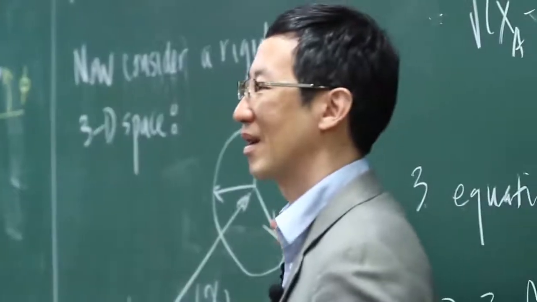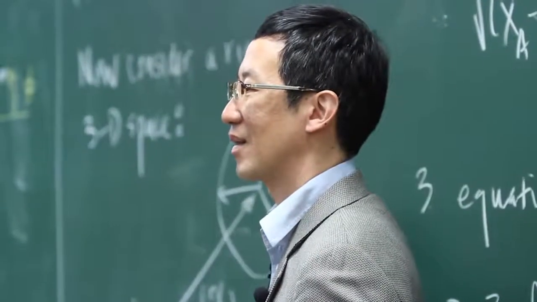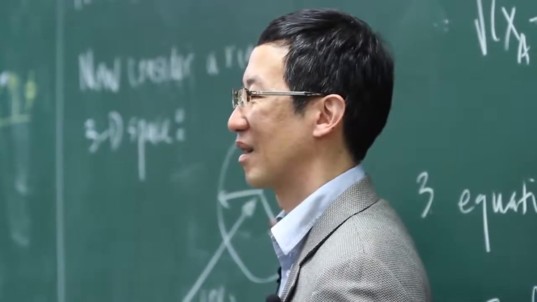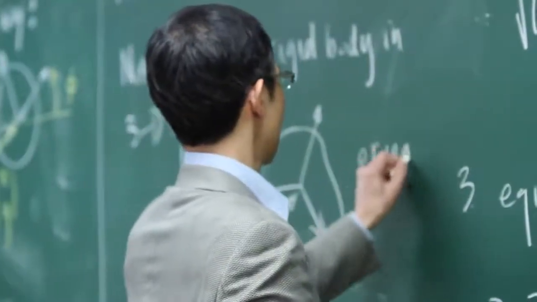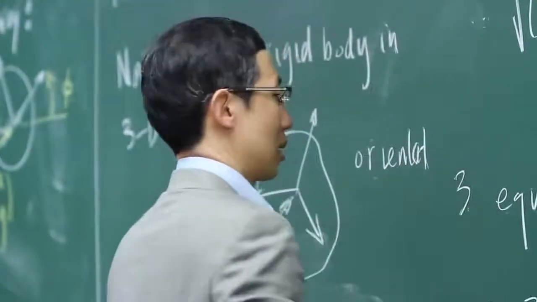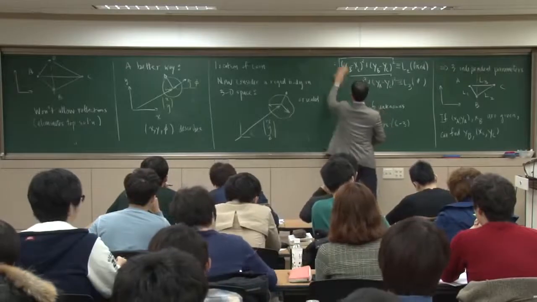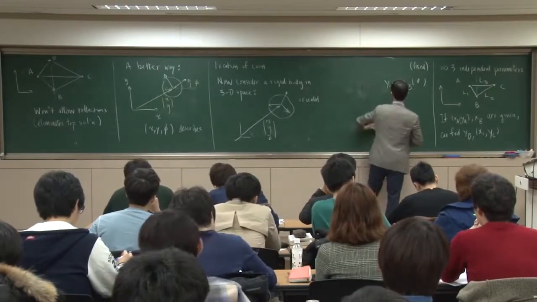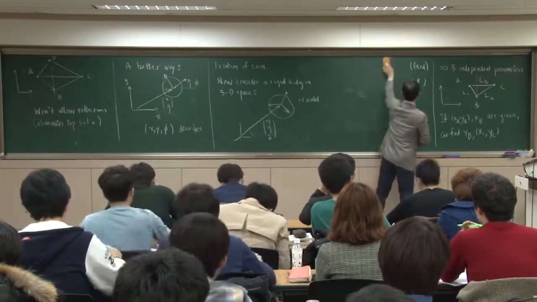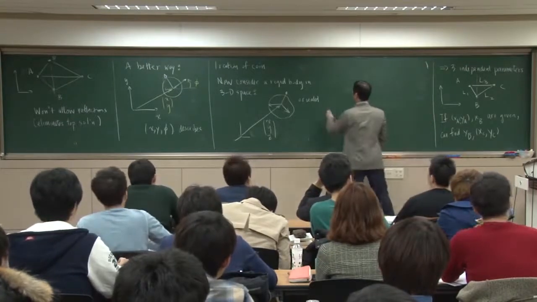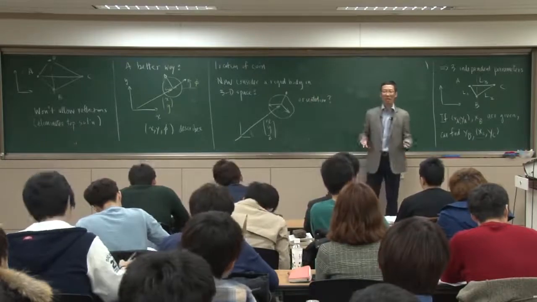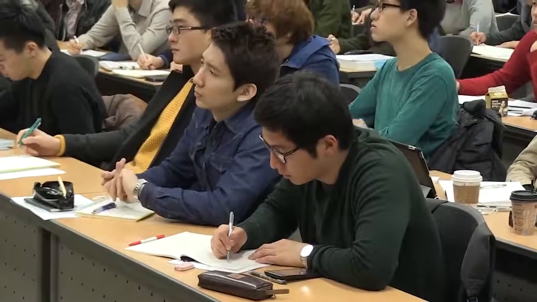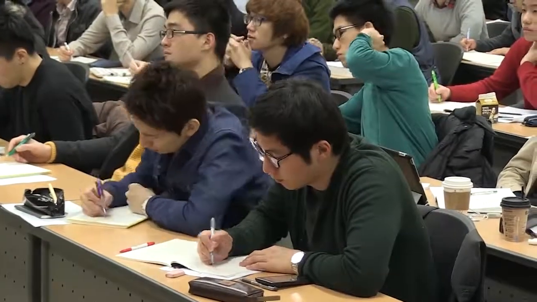What do we do here? How many numbers do we need here? So, orientation. First of all, how many coordinates do we need?